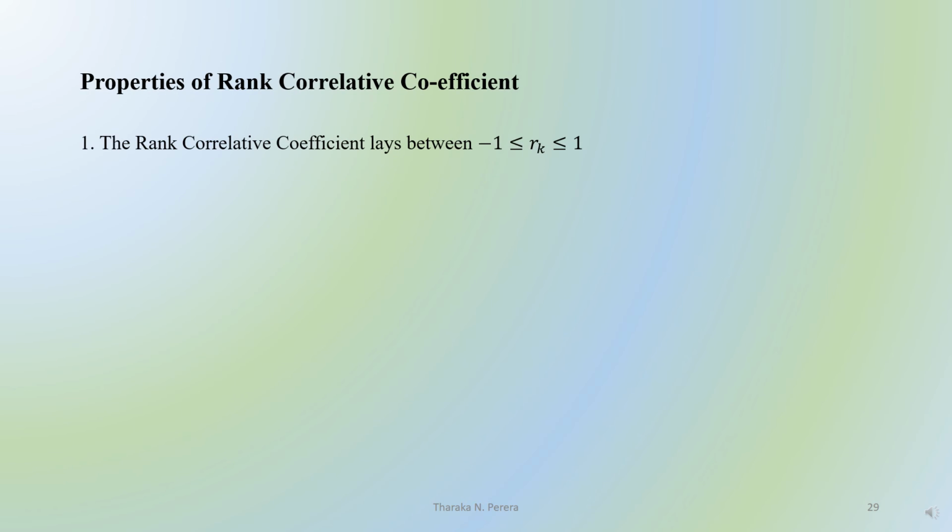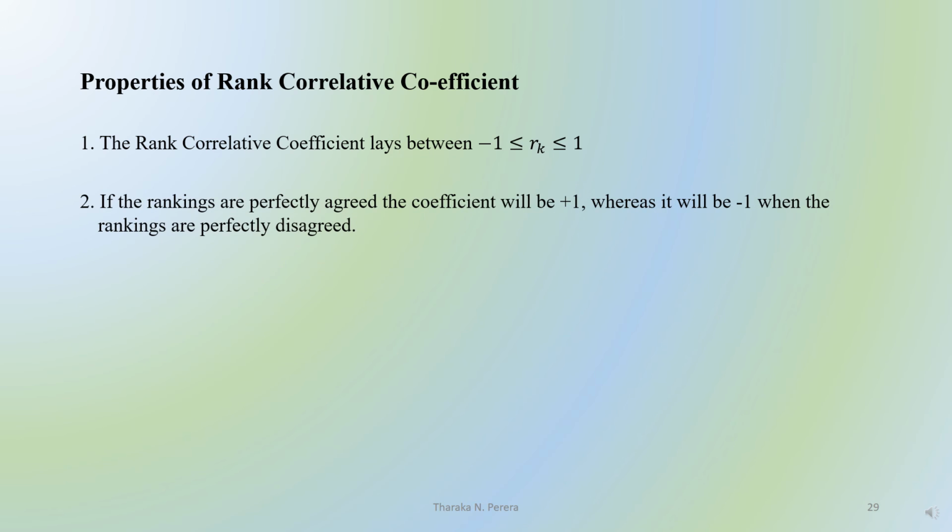Finally, let's see the properties of the rank correlation coefficient. The rank correlation coefficient lies between -1 and +1. If the rankings perfectly agree, the coefficient will be +1, whereas it will be -1 when the rankings perfectly disagree.